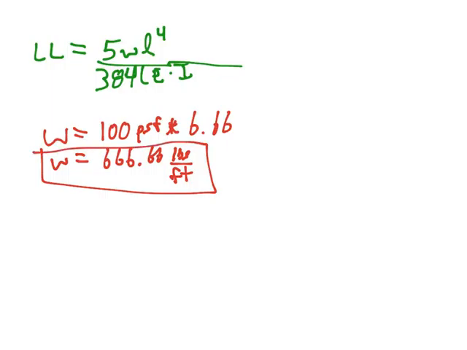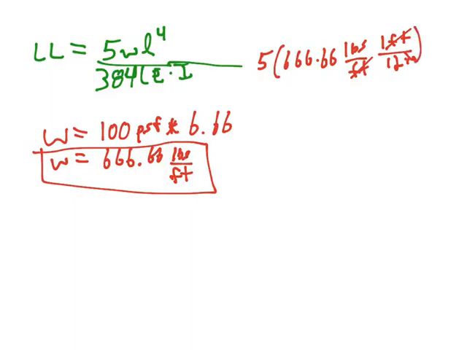So we put all these numbers in again. We have 5 times 666.66, and this is in pounds per foot. And I've got to get this in inches. So I've got 1 foot divided by 12 inches, which causes the feet to cancel out, times the length of the beam as 216, because we already know the length of the beam did not change, and once again that's raised to the fourth power.